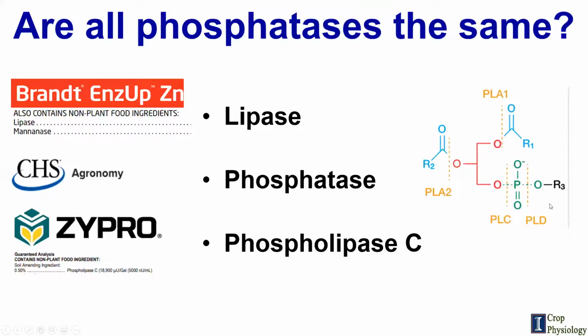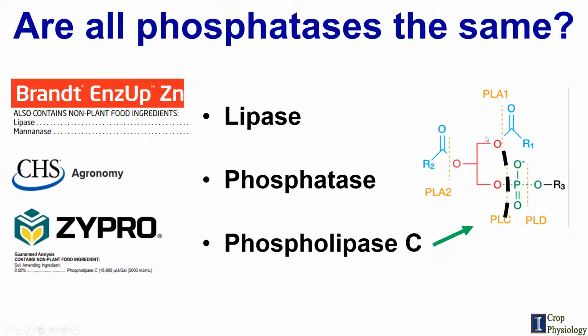This is organic matter at the chemical level, and there is my phosphorus. And there's a phospholipase C, there's a phospholipase D, and there's a phospholipase A and a lipase A1 and A2. Well, that's where I need to cut. That's where I need to make the snip to make that available. And this product on the label, all right, I can do that math, right? That's where it's making the cut.